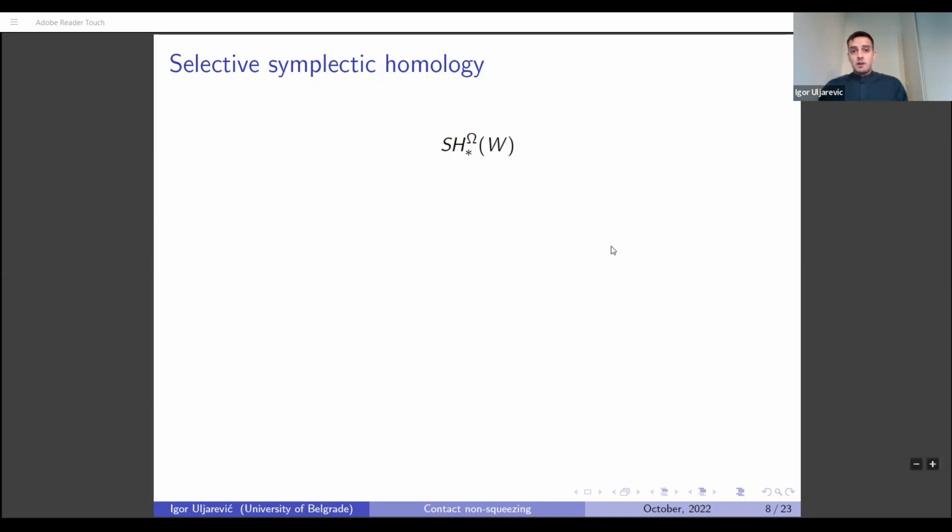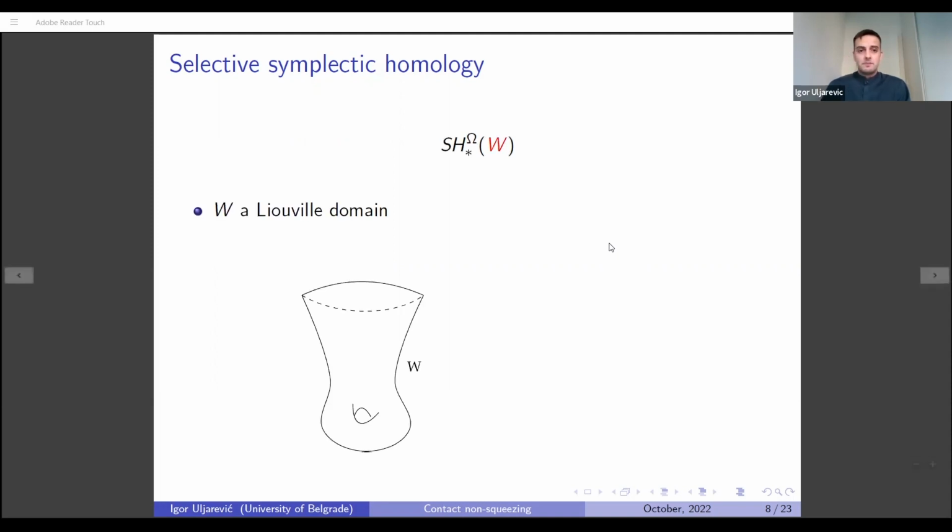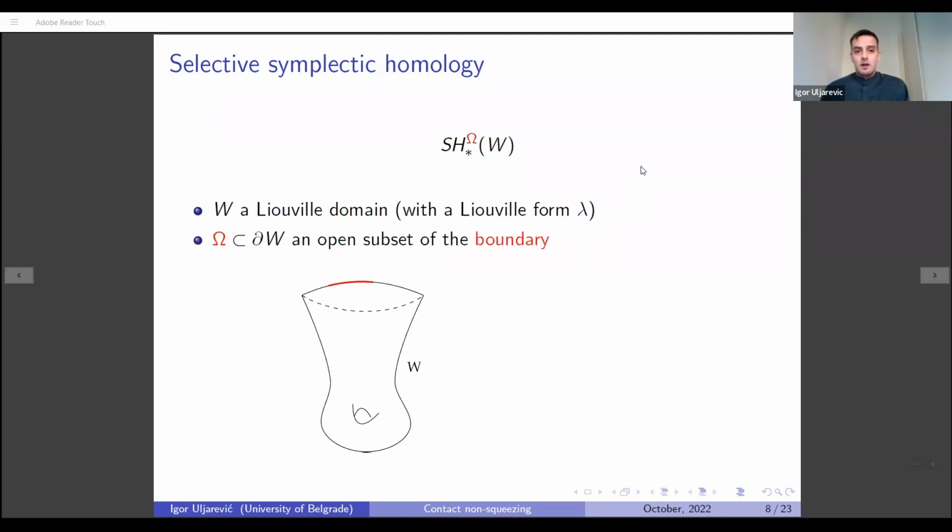So selective symplectic homology is homology that is associated with a Liouville domain and an open subset of its boundary. In this figure, it is colored red. And also, when I say Liouville domain, I consider the Liouville form as part of the data.